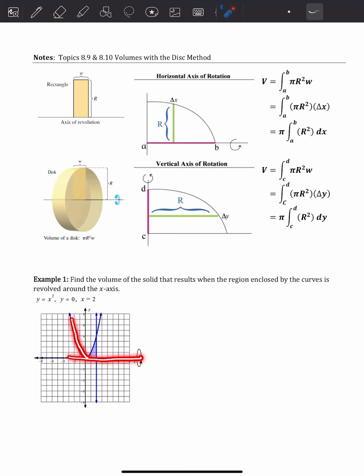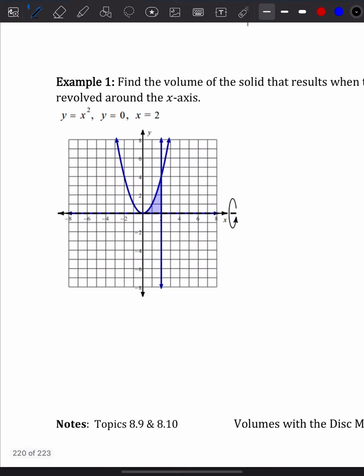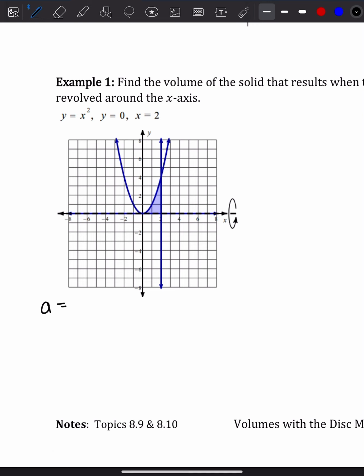Our graph and y equals 0 intersect at the same point, 0, 0. And then x equals 2. This is important because that's going to tell us our bounds. So a is going to be 0, b is going to equal 2. The other thing that we need to know is the radius of our shape here.